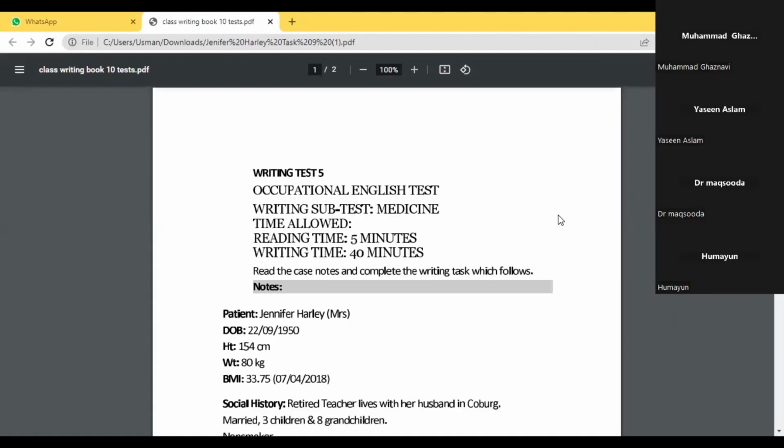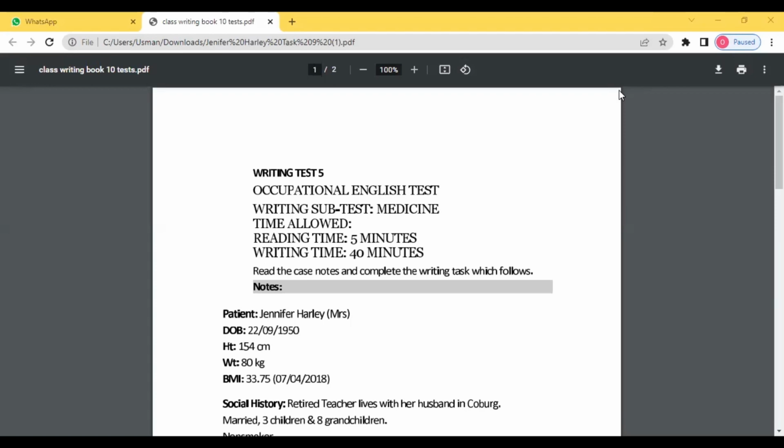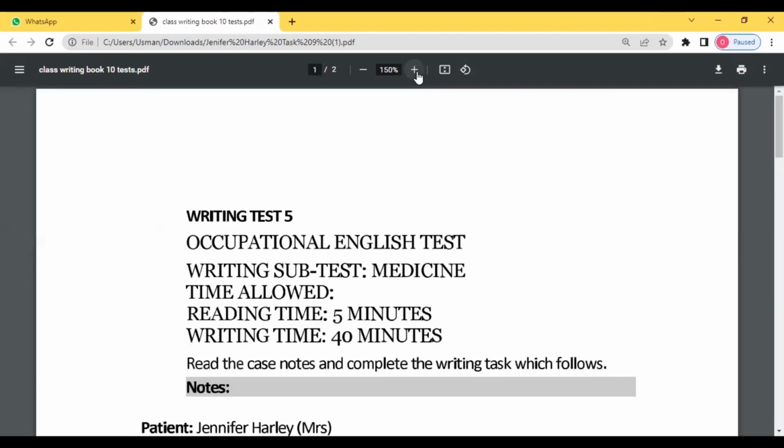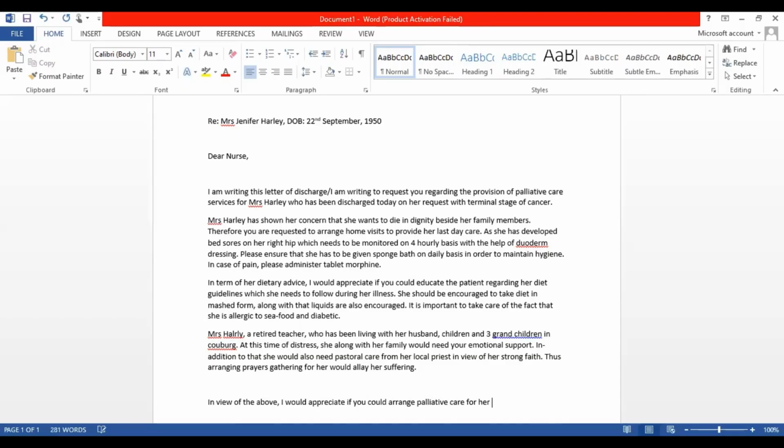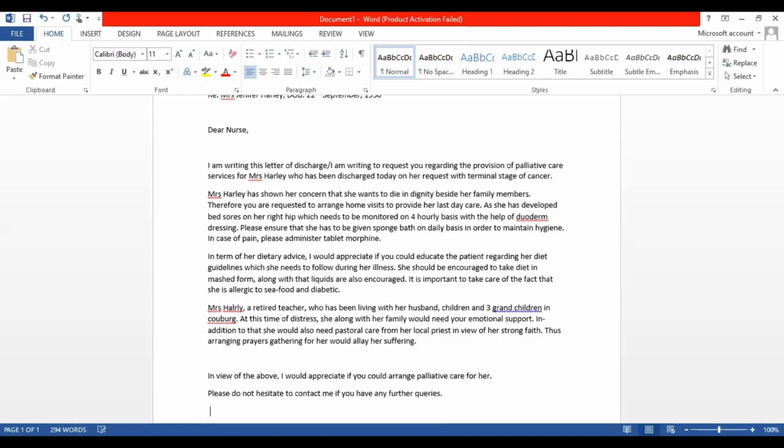Okay. So now we will be discussing the case for her. Then please do not wait to contact me if you have any further queries.